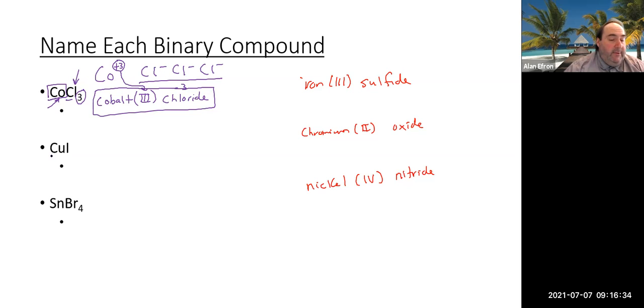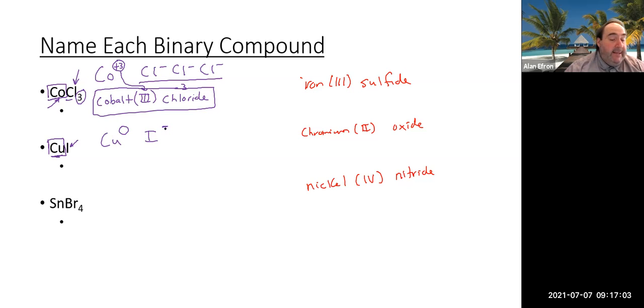Coming here to Cu, which is copper, also a transition metal, so it tells us type 2. Iodide is a nonmetal, so again, it is that copper there that's important. So following the same sort of approach, again, we may not be able to know right off the bat what it is. But if we look up I, we see I is group 7, which means it has a -1 charge.